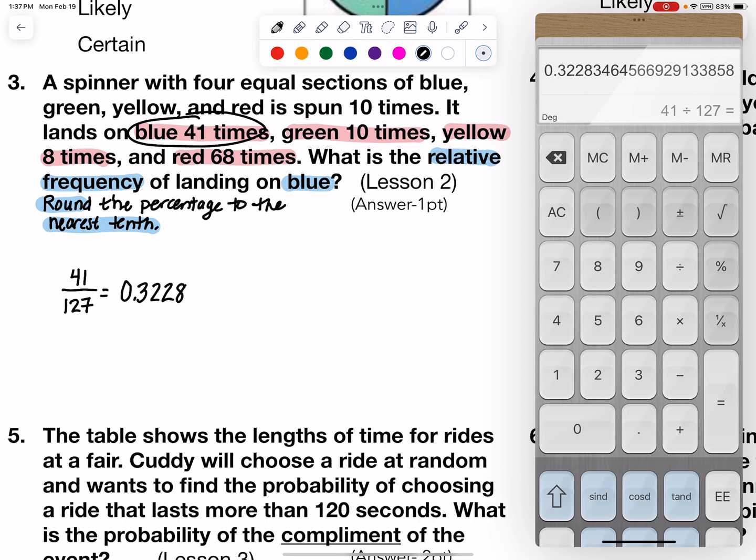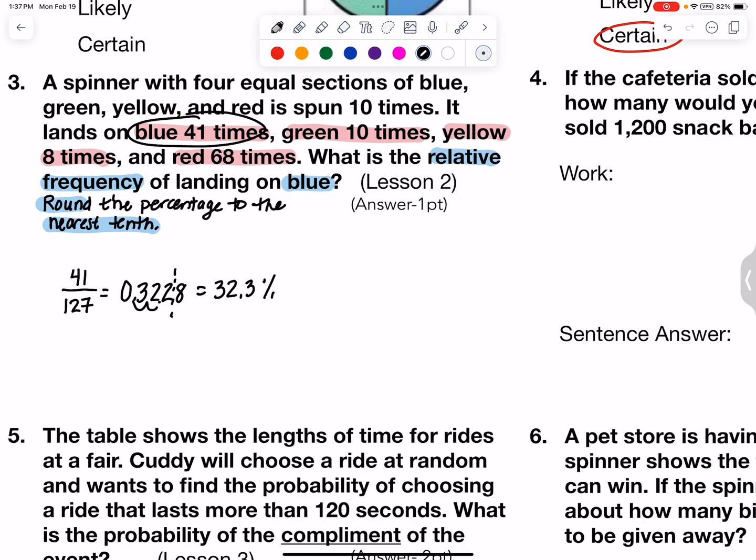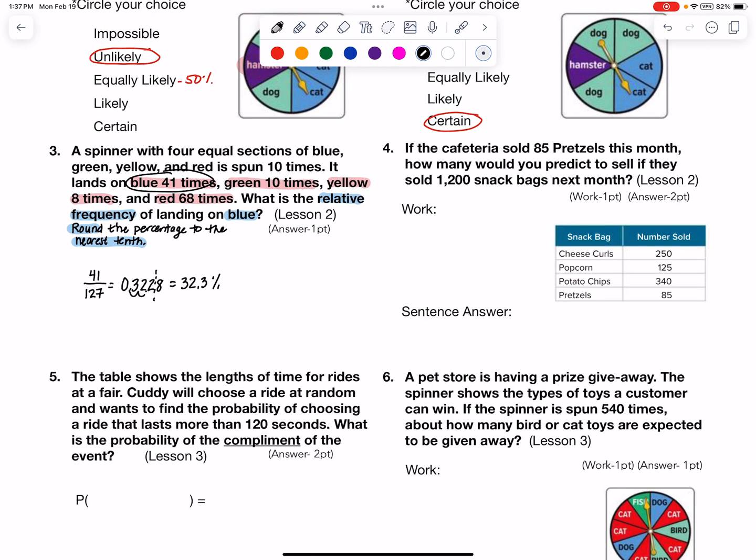So cutting it at the 8, because of the 3 to the right, it stays an 8. And then multiply by 100, and we have 32 point, and if we're cutting it here in the tenth spot, we do 32.3%, okay? Just got to be really careful about that. All right, so the relative frequency is 32.3%.